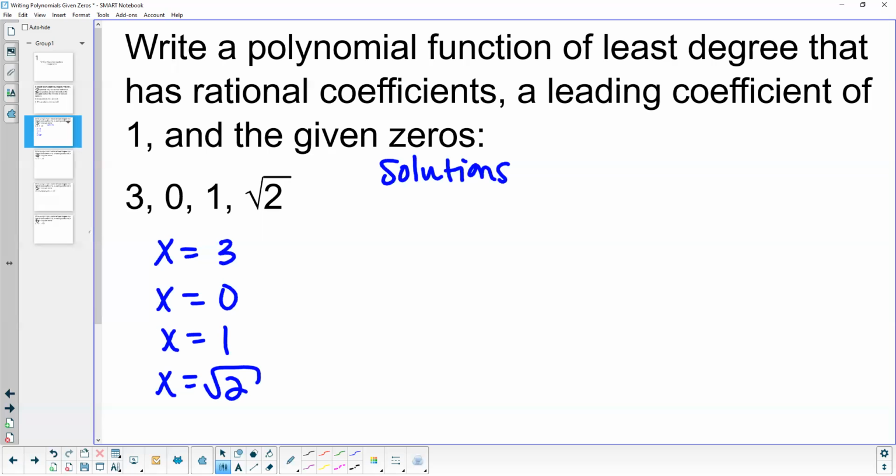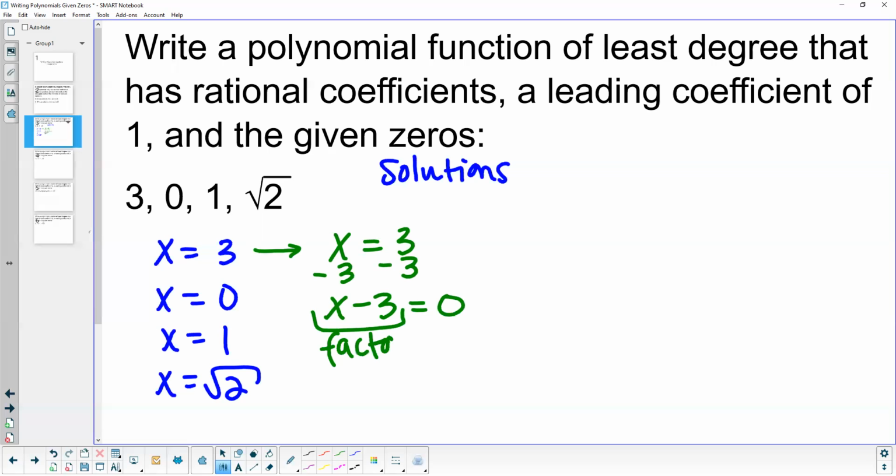Now, when it comes to writing a polynomial function, we want to write it using its factors, and its factors are when the polynomial is not equal to something else, but when it's equal to 0. So for example, here, when we have this x equals 3, what I want to do is take x equals 3, subtract 3 from both sides, and get that x minus 3 equals 0. So this is my factor, this x minus 3, that I'm going to put into my polynomial function here.